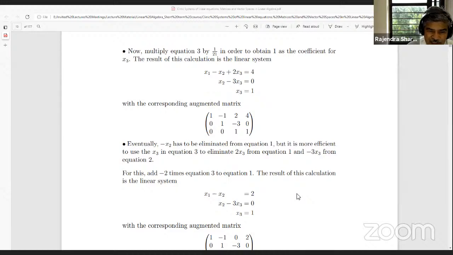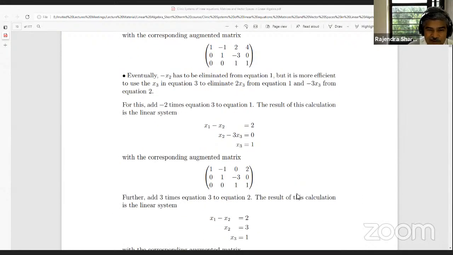For this, we add minus 2 times equation 3 to equation 1. The second and third equations stay as they are. The first becomes x1 minus x2 is equal to 2, the second x2 minus 3x3 is equal to 0, and x3 is 1. The corresponding augmented matrix now is 1, minus 1, 0, 2, 0, 1, minus 3, 0, 0, 0, 1, 1.